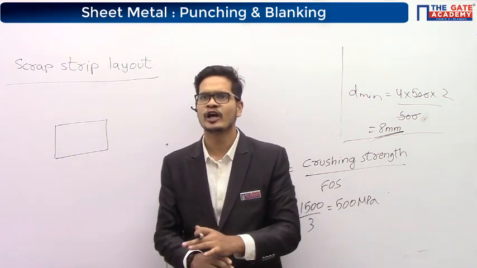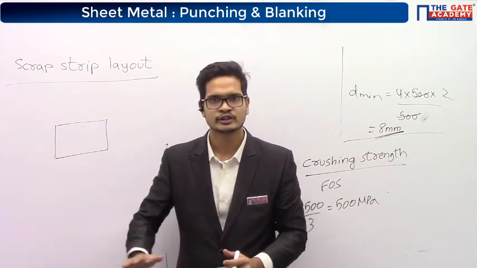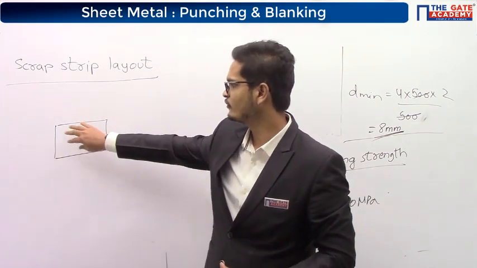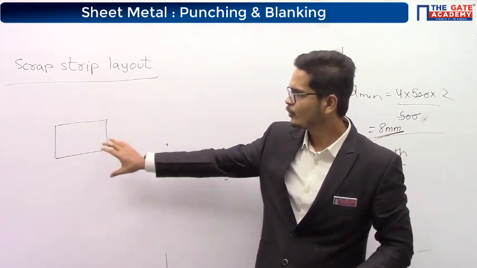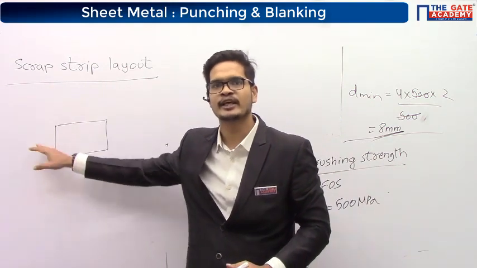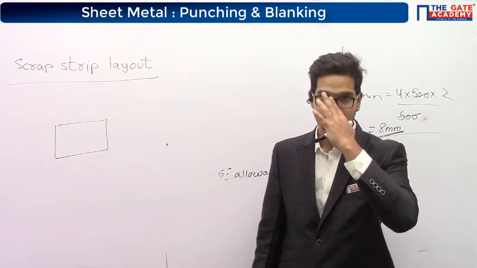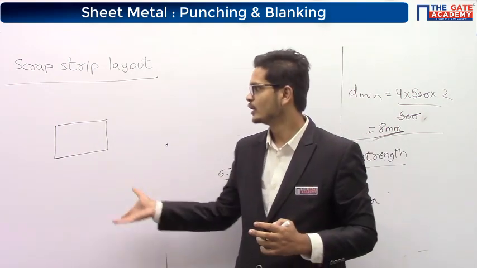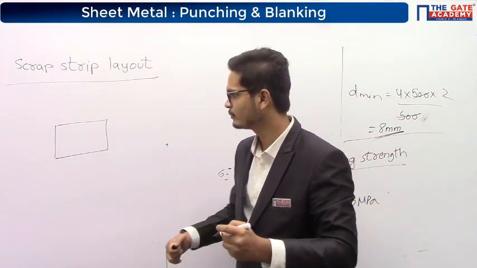So you have installed a punch and die assembly so that you can have a blank of this size. If you require this size blank, will you buy exactly this size blank? You will buy a slightly bigger blank.